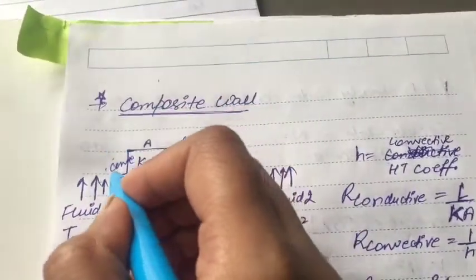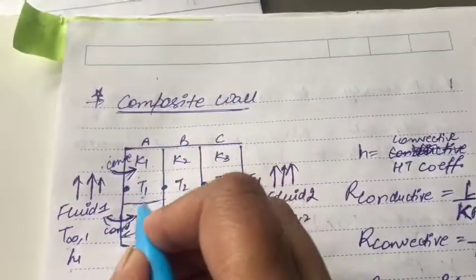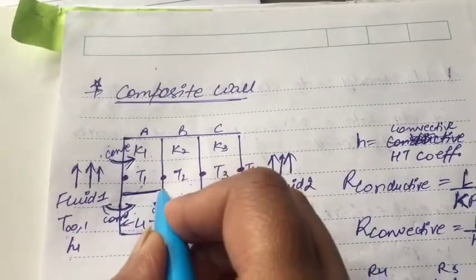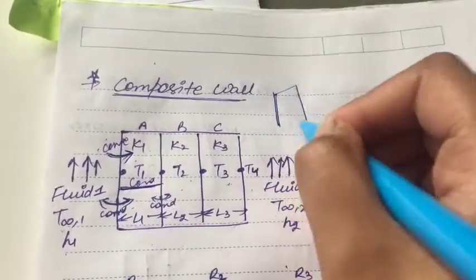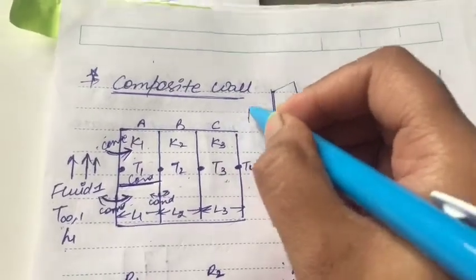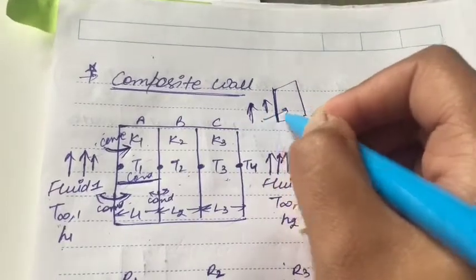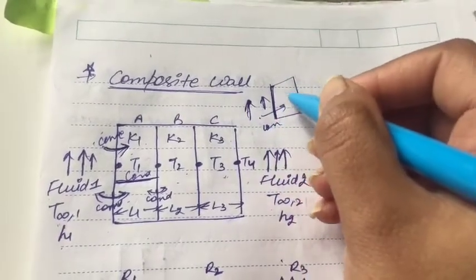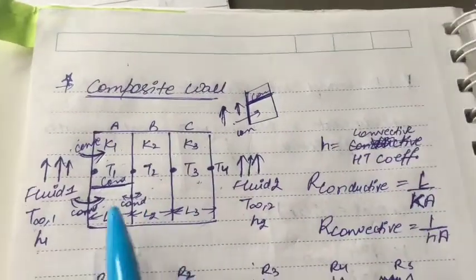When heat goes from this part, convection is taking place, and for heat transfer within a slab, conduction is taking place. So for one slab, the fluid is flowing, between the slab and the fluid convection takes place, and within the slab conduction takes place.